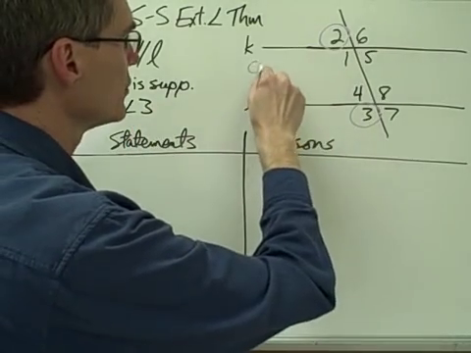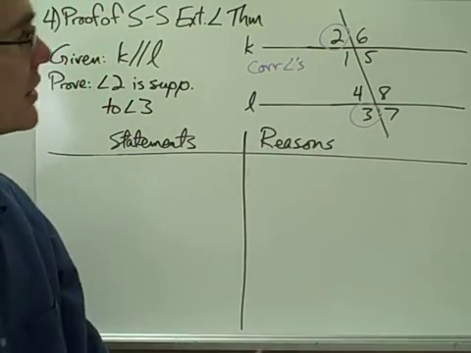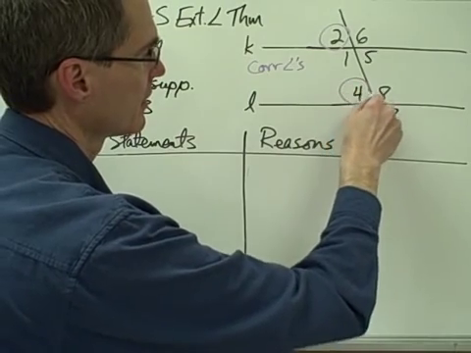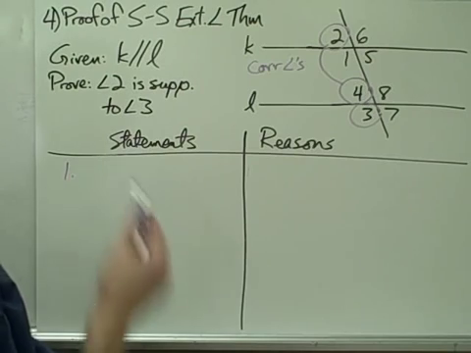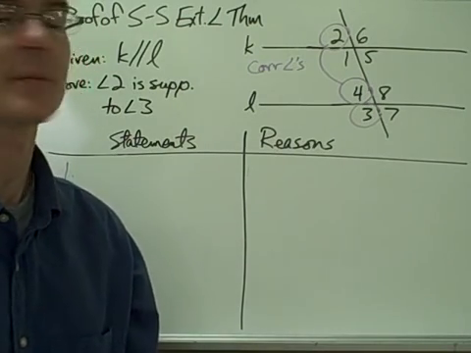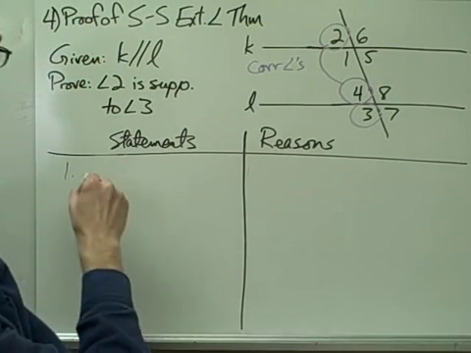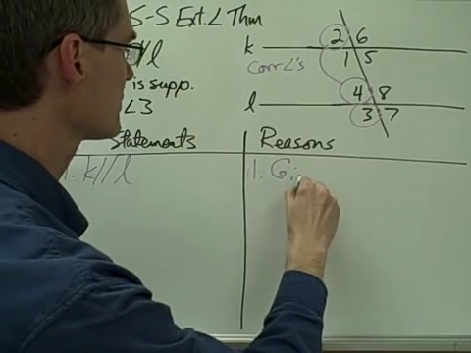Once again, I'm going to use my corresponding angles postulate, with these two corresponding angles. And again, the format of this proof is going to look very similar to the proof from example number 2. So statement number 1, start with my given information. K is parallel to L.